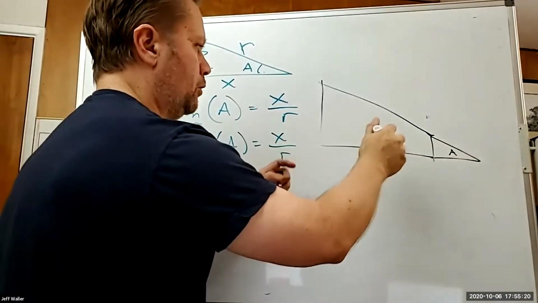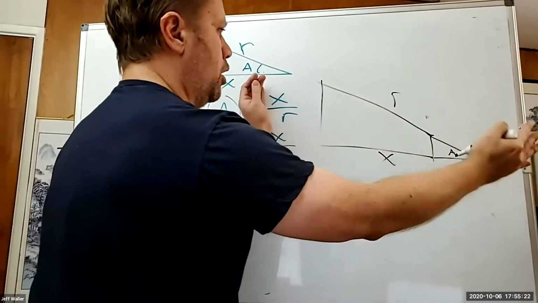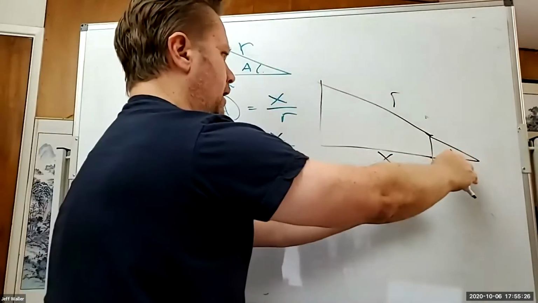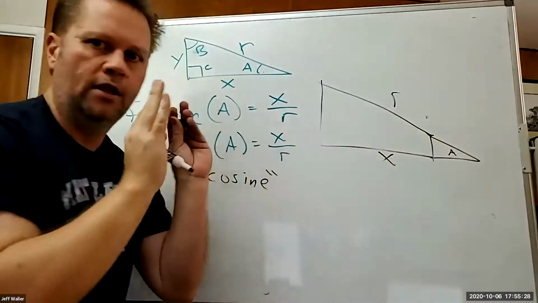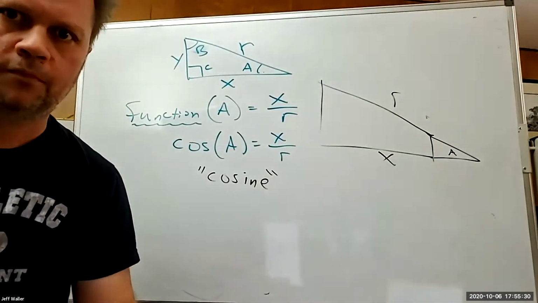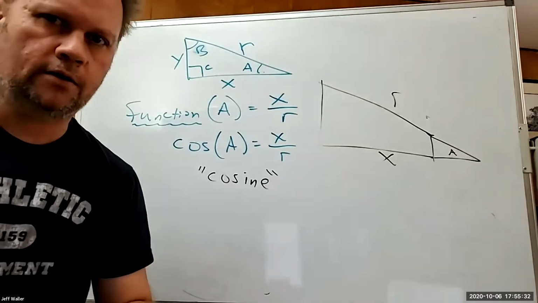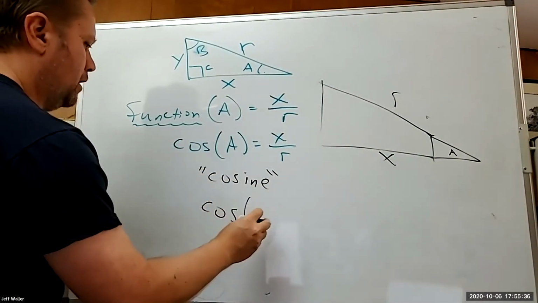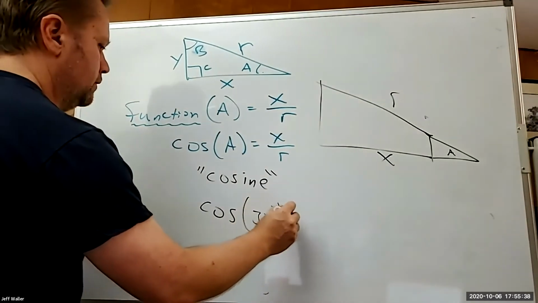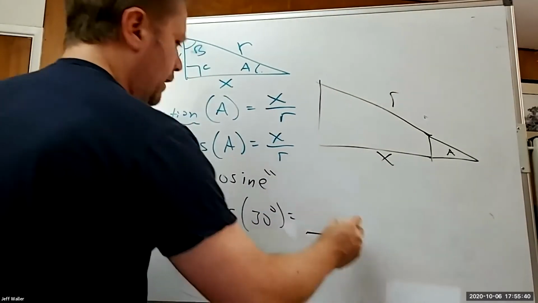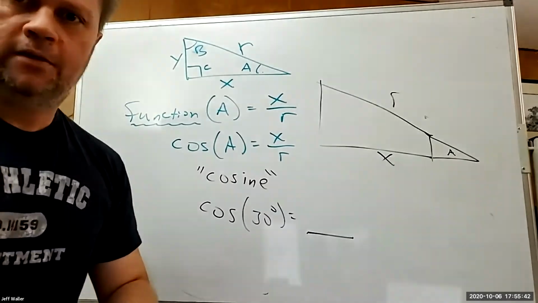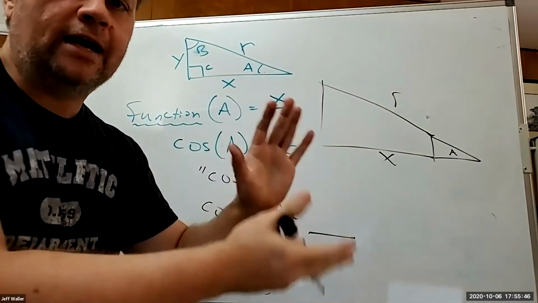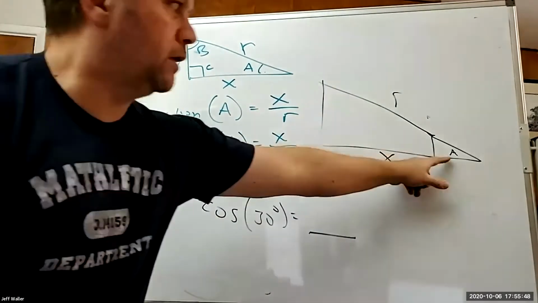The ratio of this side to this side will always reduce to the same thing, no matter how big or small I make that triangle coming off of that angle. That is why if I say cosine of 30 degrees, there will be one answer. It will represent the reduced form of the sides of a triangle with 30 degrees right here.